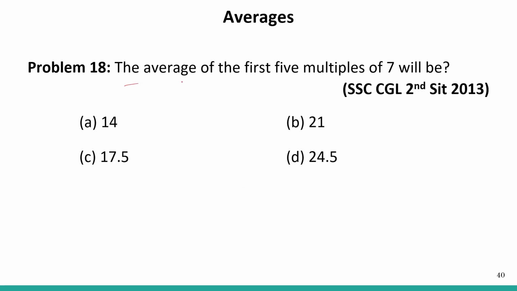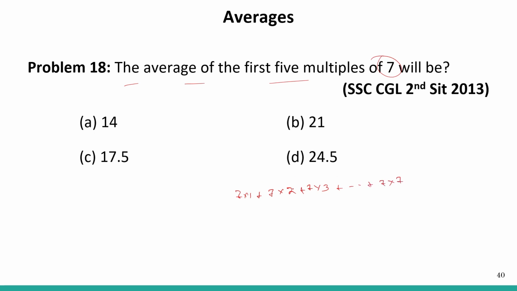So let's see the average of the first 5 multiples of 7. So 7 plus 14 plus 21 plus what? We can also write it very cleverly, that is 7 into 1 plus 7 into 2 plus 7 into 3 plus dot dot dot plus 7 into 7.